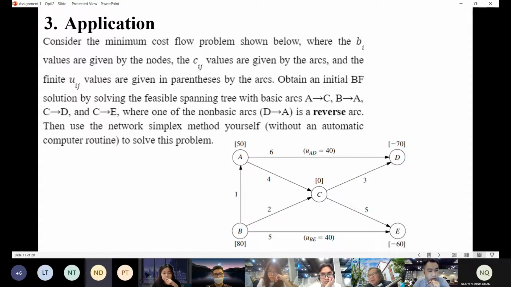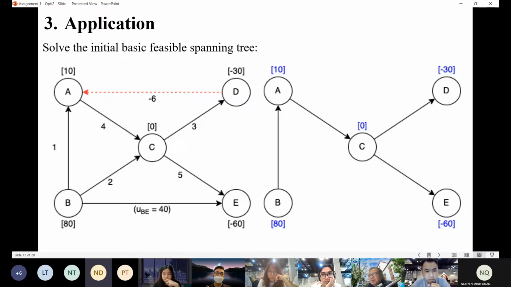D to A is a reverse arc. No, you have to write on this figure or draw the figure in the next one, because if you say it like this, people find it quite hard to understand.